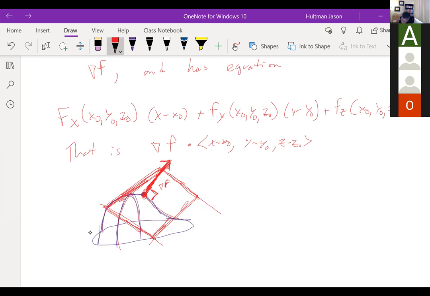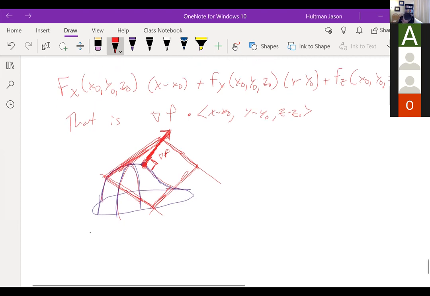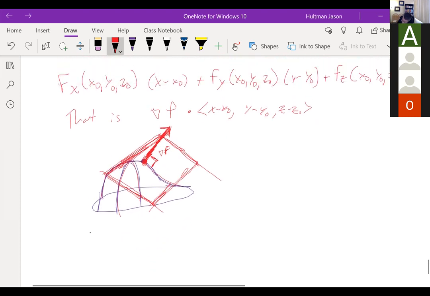We just need to know that it's normal to del F. Okay, that's the tangent plane at that point on the surface.